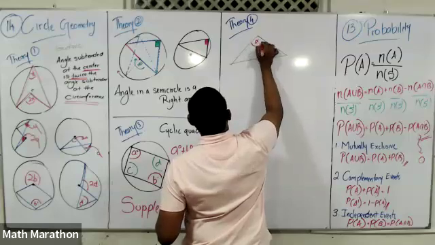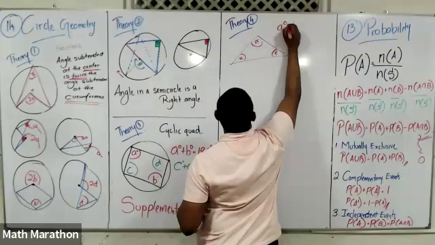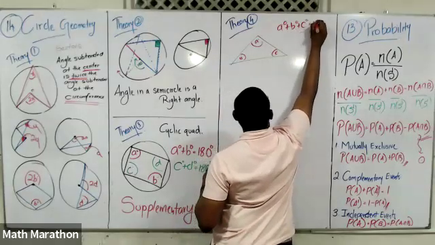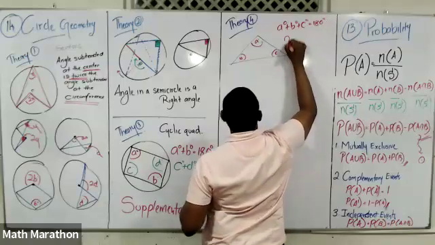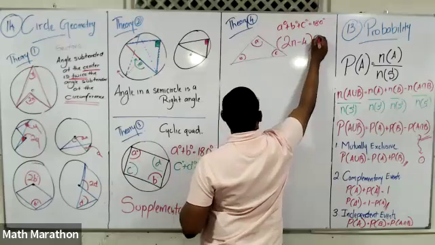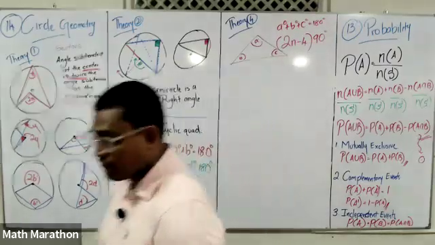The sum of the interior angles of a triangle is 180. If you don't find it, use 2n minus 4 into 90 degrees, where n is the number of sides of a polygon.